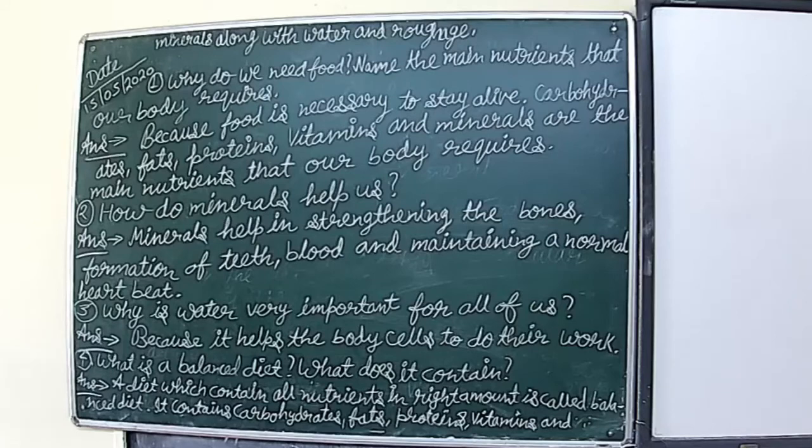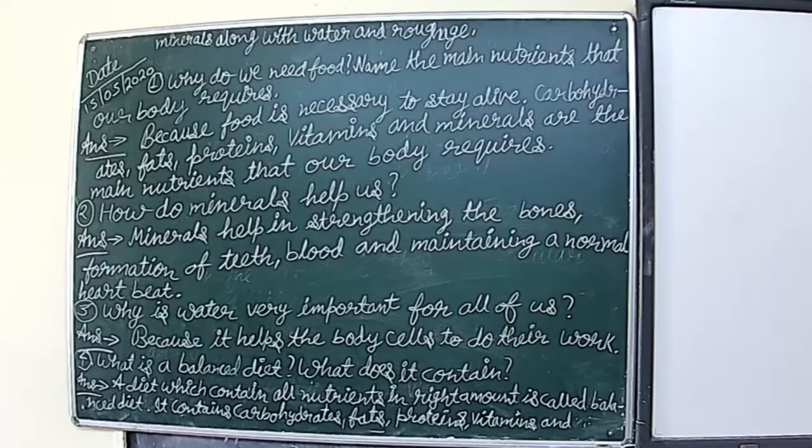Carbohydrates, fats, proteins, vitamins, and minerals are the main nutrients that our body requires. Question number 2. How do minerals help us? Answer number 2 is minerals help in strengthening the bones, formation of teeth, blood, and maintaining a normal heartbeat.